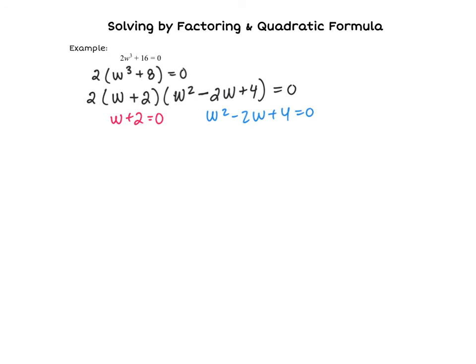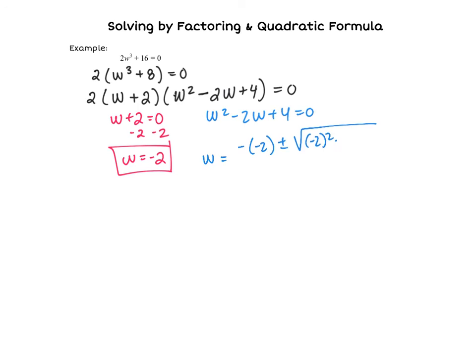Now the first term is very easy to solve. I just subtract 2 and I get w equals negative 2. Since the second factor is quadratic and it's not factorable, I'm left with using the quadratic formula. So I have w equals negative negative 2 plus or minus square root of negative 2 squared minus 4 times 1 times 4, all divided by 2 times 1.